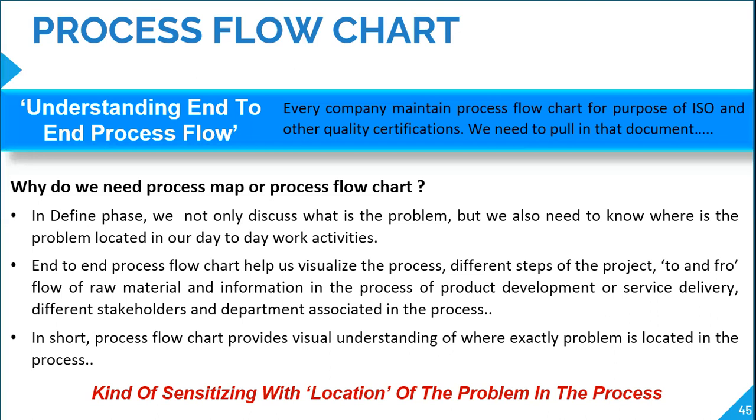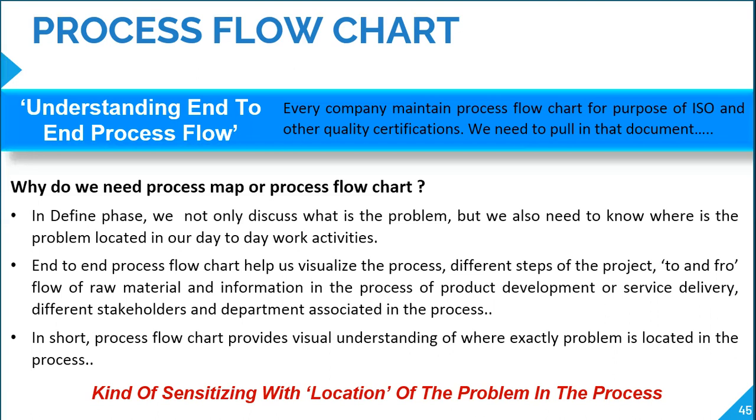This may include your purchase department, your production department, your quality department, and your finance department, who normally do the billing and accounting, then your transportation department. So the process flow chart helps us understand the different stakeholders or departments associated with the process.